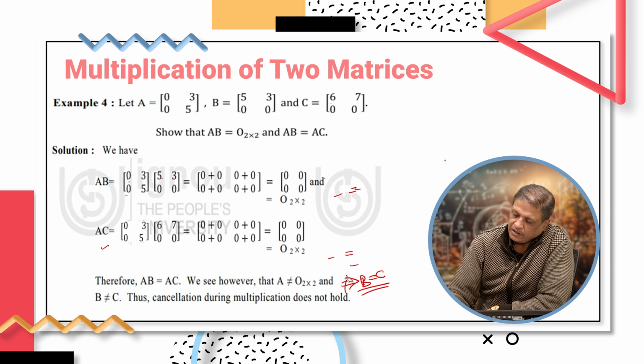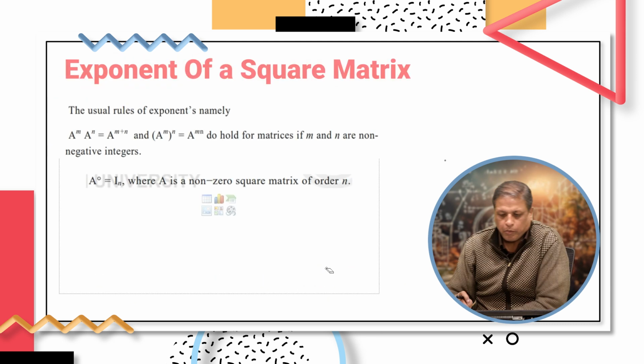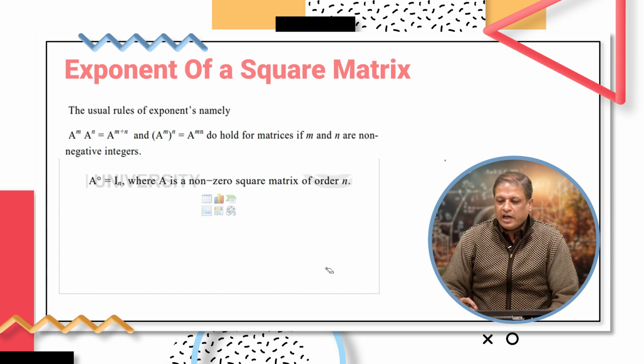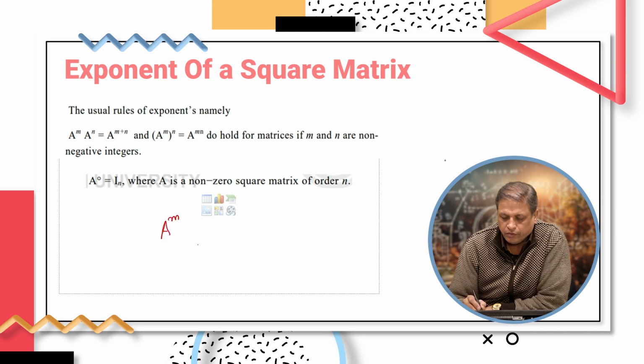Now let's extend our discussion to some more details, and the important component is the exponent of a square matrix. Say we have a matrix A and we want to calculate its power. A to the power m times A to the power n will be equal to A to the power m plus n.